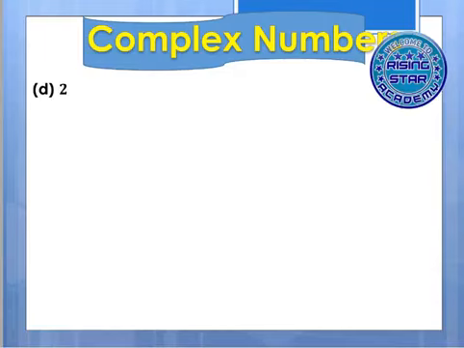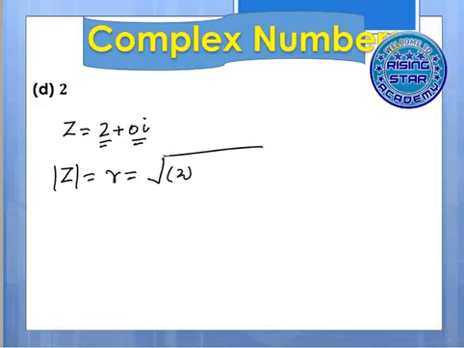Now in this question we have z equals 2 plus 0 iota. Only the real part is given and the imaginary part is 0. So we will find z mod, that is equal to r. So 2 square plus 0 square, that would become 4 plus 0.